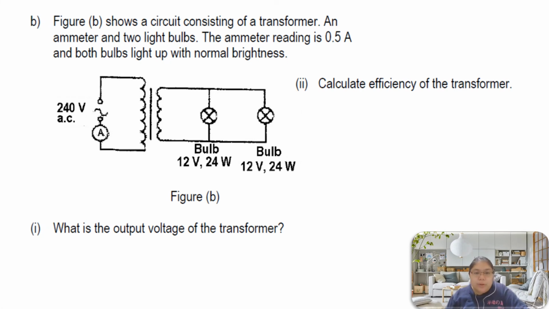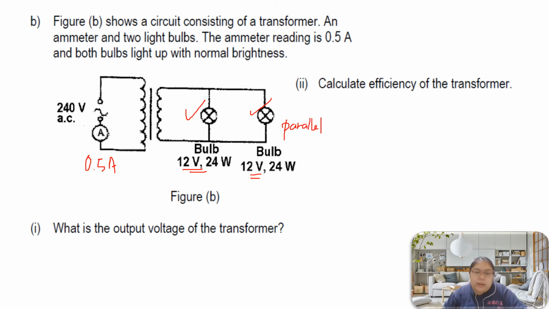Now we go to question B. Question B is a circuit consisting of the transformer and 1 ammeter for the input circuit. The ammeter reading is 0.5, so we jot down here 0.5 ampere. Then for the output we got 2 bulbs with the same voltage. Both have the same voltage because it's a parallel circuit.